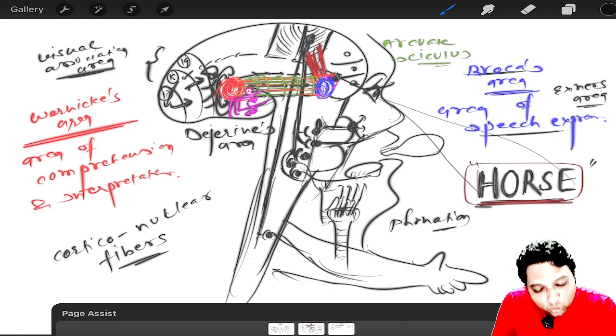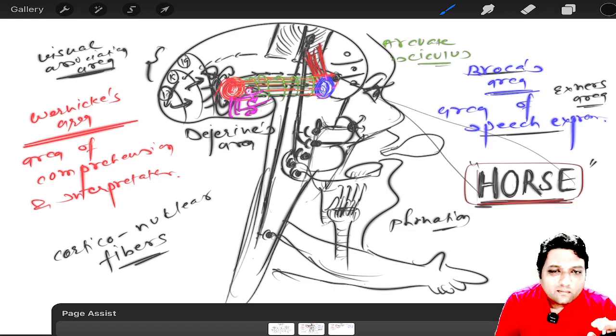So corticonuclear fibers are also called corticobulbar fibers, and medulla and pons are also called bulb. So the fibers that communicate from motor cortex to motor nuclei are called corticobulbar or corticonuclear fibers. The fibers that control the movement of upper limb are called corticospinal fibers.